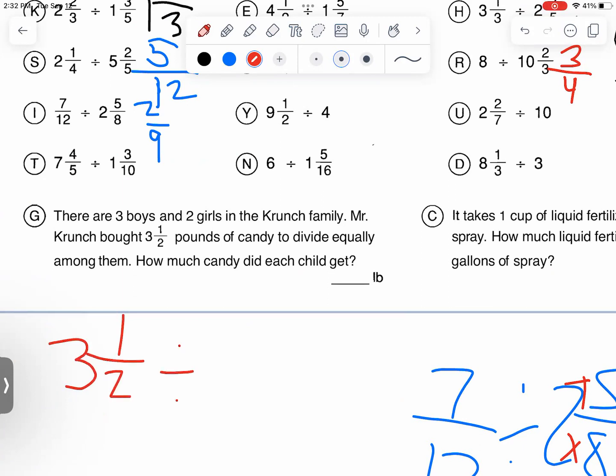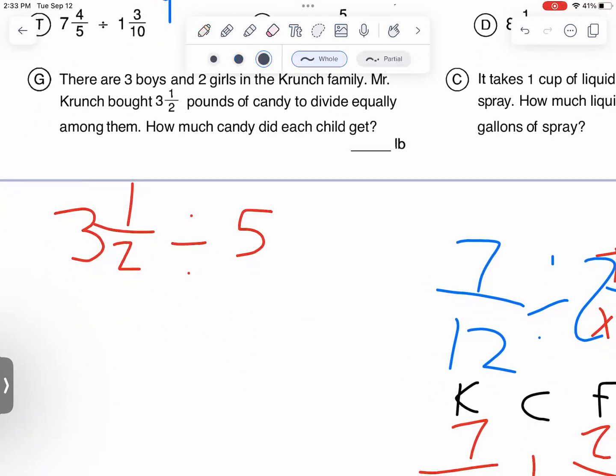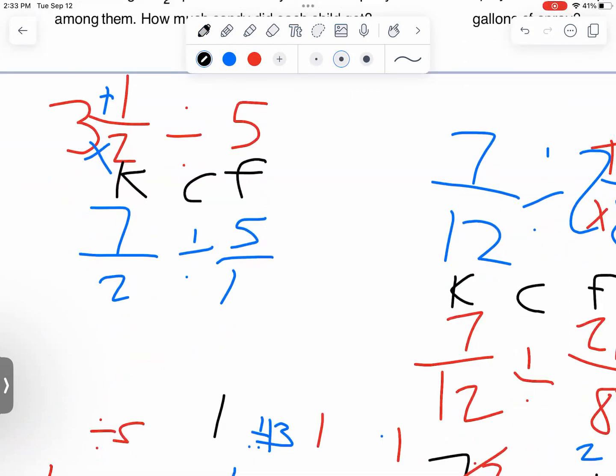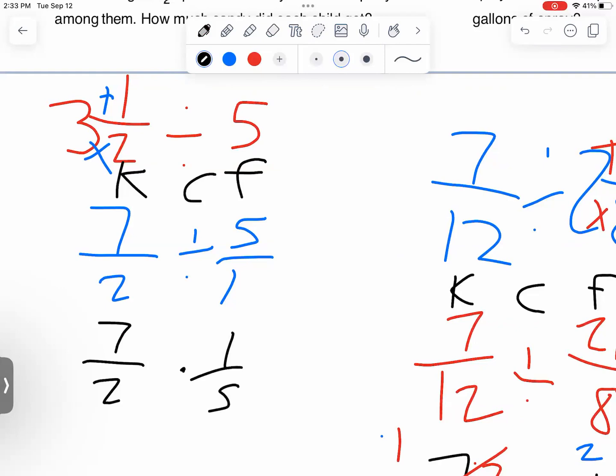Okay, so there's 3.5 pounds of candy divided by 5. So now we're going to take this. 3 times 2 is 6 plus 1 is 7 halves divided by 5 over 1. Then we keep change flip. So 7 halves times 1 over 5.